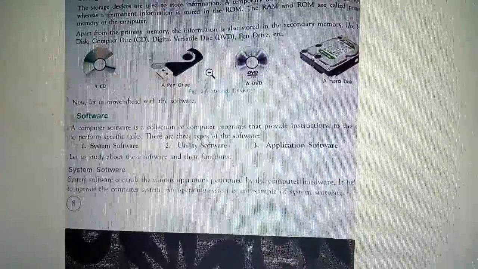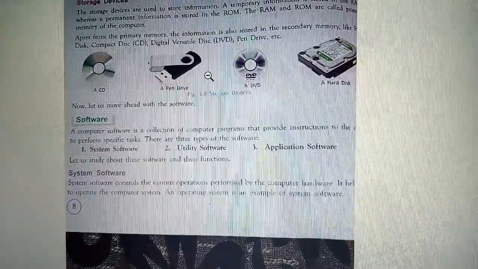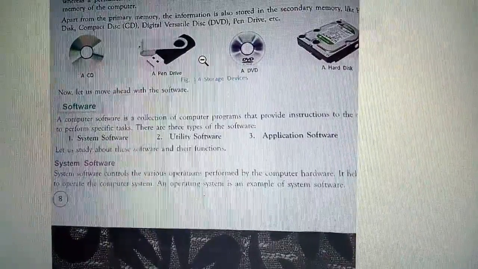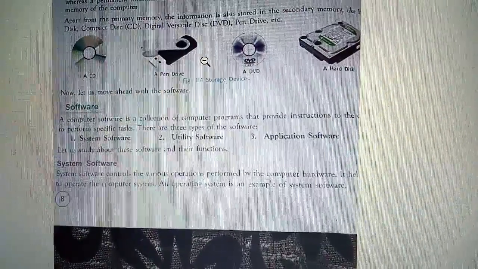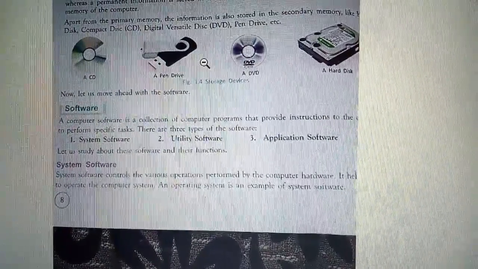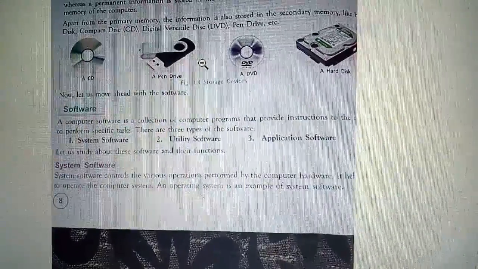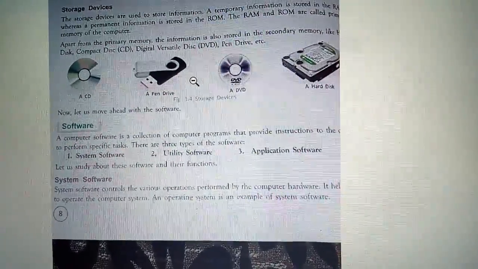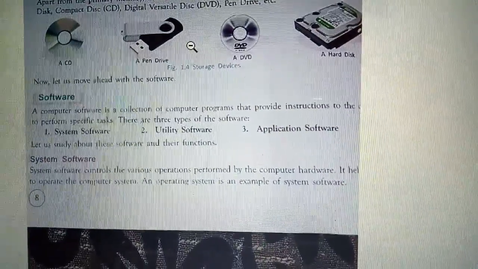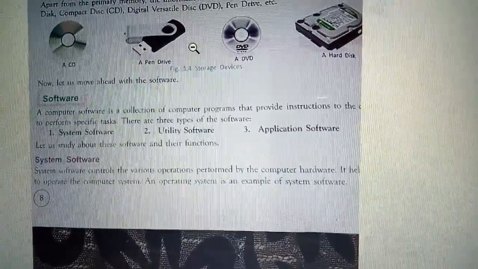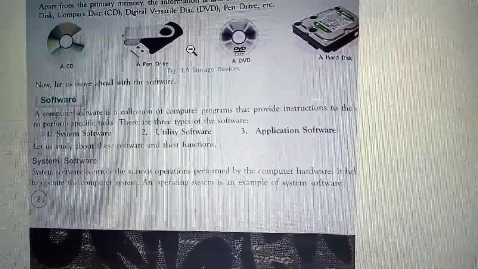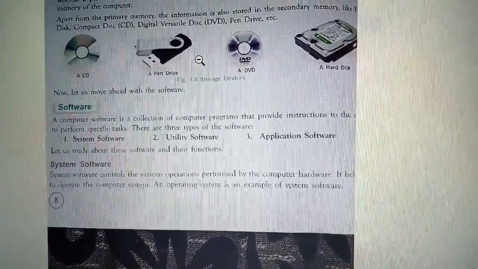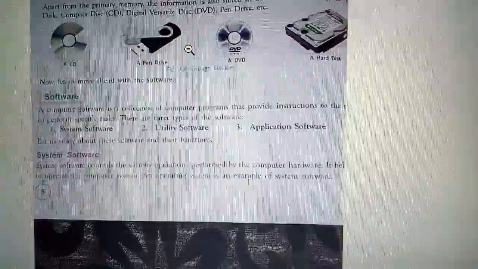And there are three types of software. The first is system software, the second is utility software, and the third is application software. So let us study these softwares and their functions.